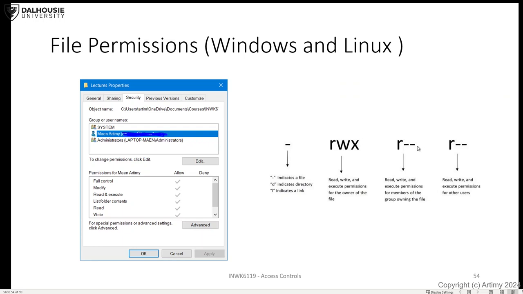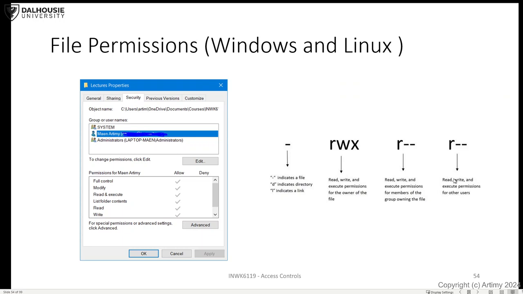I can change these to read, write, and execute, or write only, even though it's probably not practical. The last group of characters refers to everybody else, right? So everybody else can read this file, or sometimes if it's dash dash dash it means that they cannot see it, right?